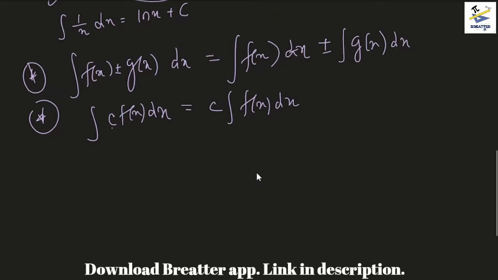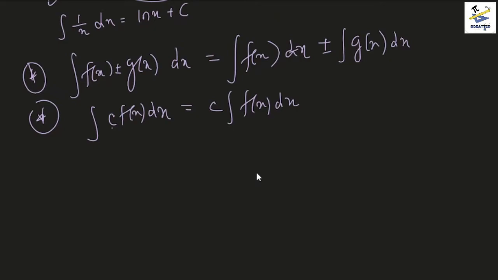There is no hard and fast rule for integrating a product of two functions or a division of two functions, but what we do have, which we will learn in later chapters, is integration by parts. It is not really a rule which will readily integrate anything for you, but it does help you integrate a lot of functions. So how do we actually integrate? There are some ways to do that, and we will learn those methods slowly, one by one.